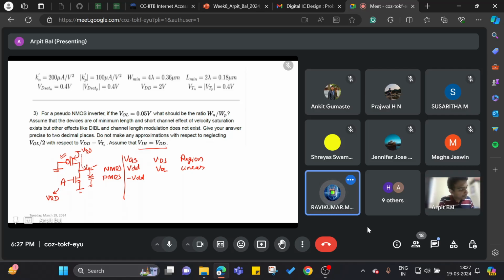VOL minus VDD. And the region is? Okay, so someone got 3.5, right? I guess you have considered the region as saturation, is it, Ankit? Velocity saturation. Okay, yeah, it should be velocity saturation.